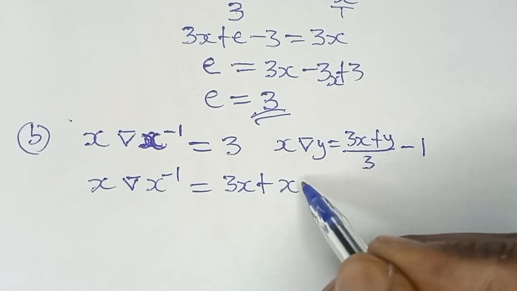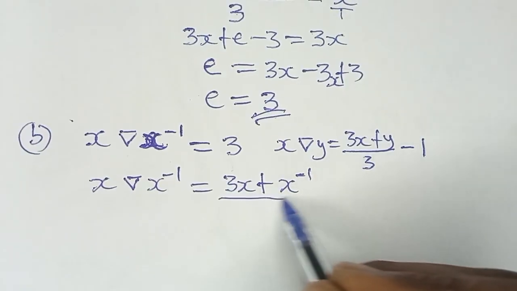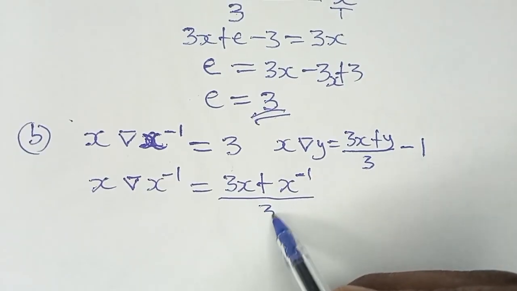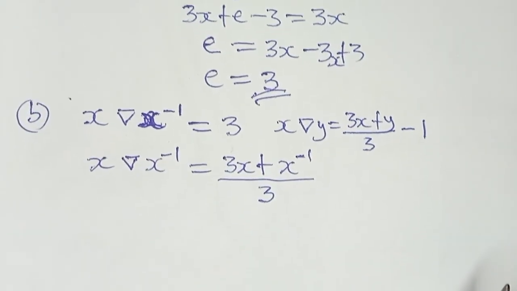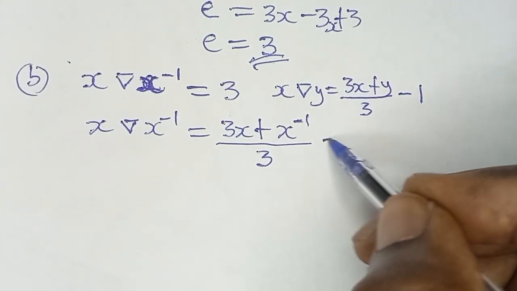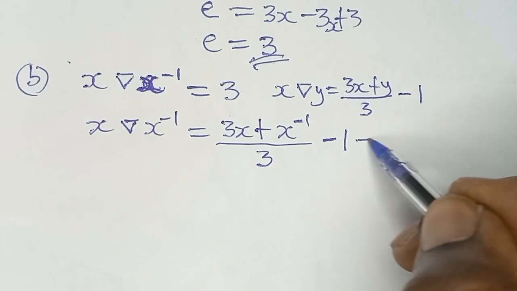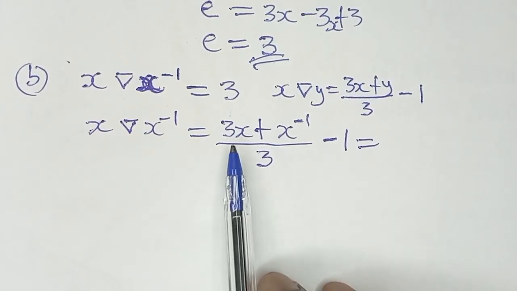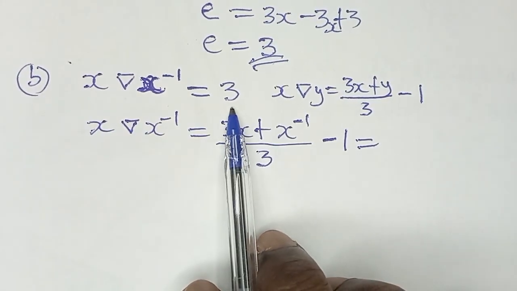So I write 3x plus x raised to power -1, then all over 3, and then the -1, don't forget that -1, and then everything should be equal to the identity element that we obtained, which is 3.